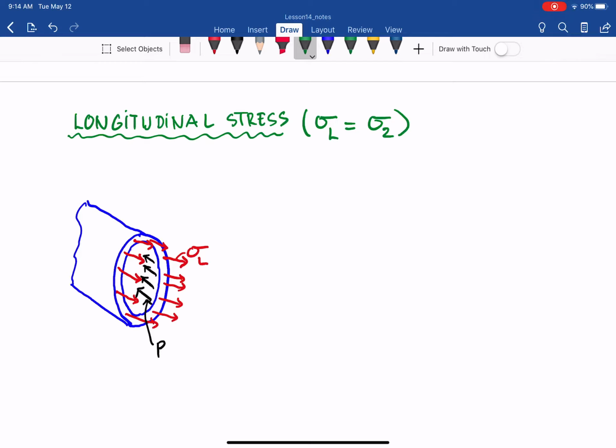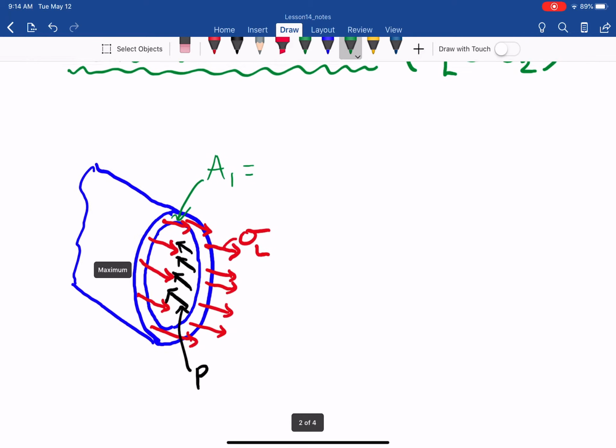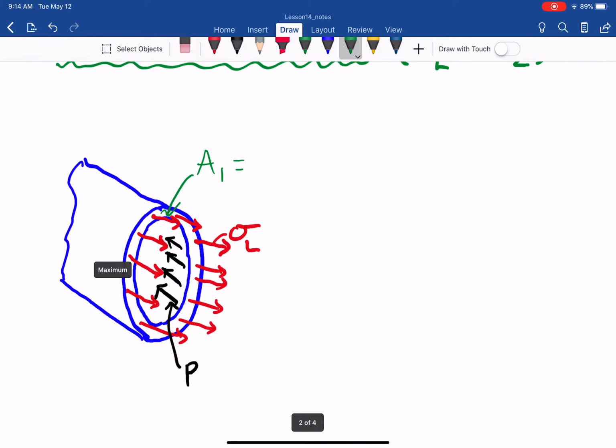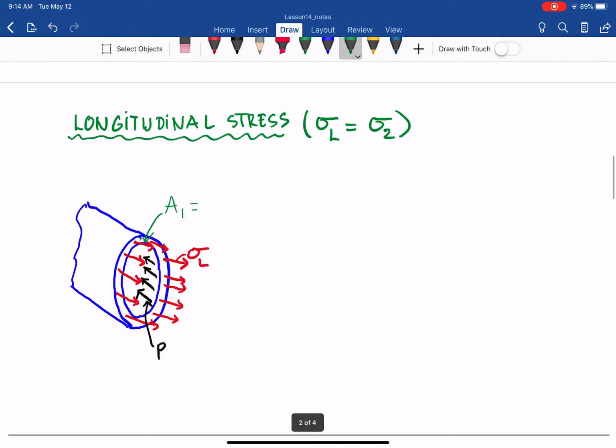As you can see, let me call them A1 and A2 again, not the same as the previous one. For the single, that is the area A1, and it equals the area of the outer wall minus the inner.